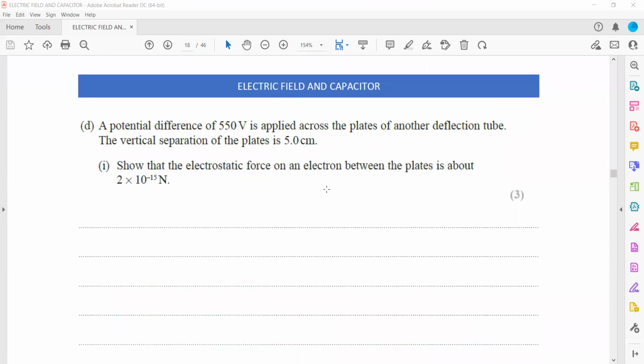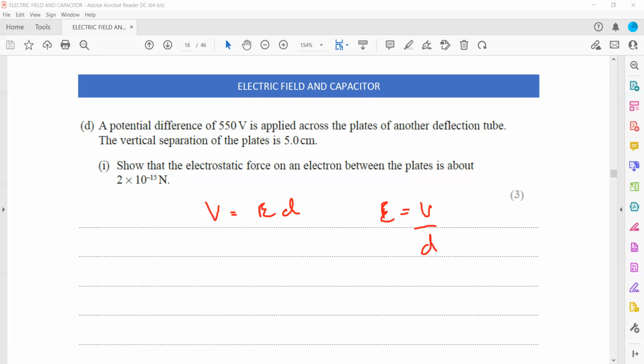We want to show that the electrostatic force is about 2 times 10 to the power minus 15 newtons. We have the formula V equals E D. So electric field strength will be equal to voltage divided by distance between the plates, where V is the voltage between the plates and D is the spacing.